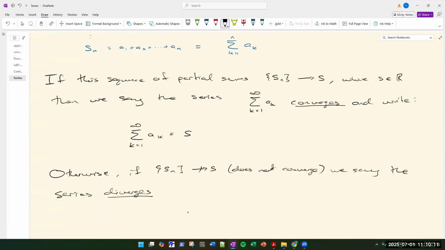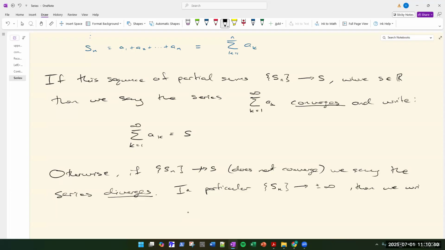If the sequence of partial sums does not converge, then we say that the series diverges. In particular, if this sequence of partial sums is blowing up to plus or minus infinity, of course, this means that it diverges. It's just divergent to plus infinity or minus infinity.